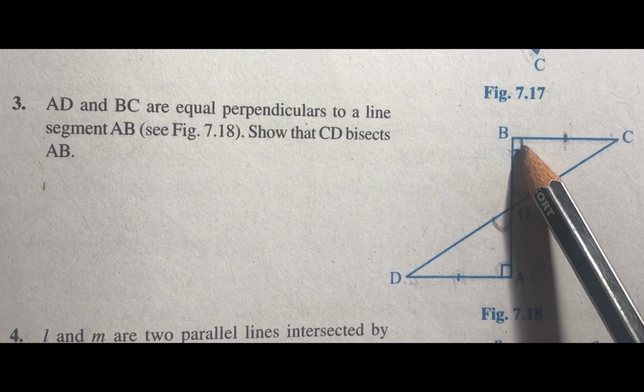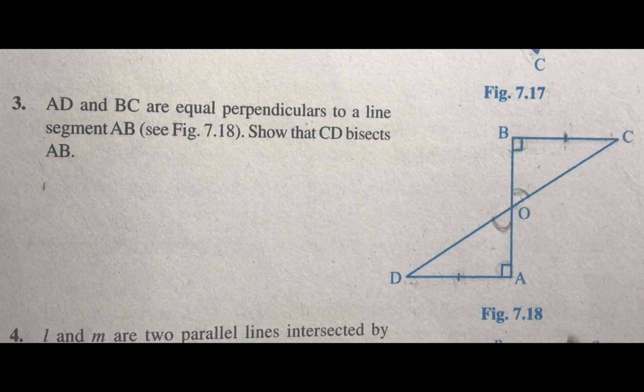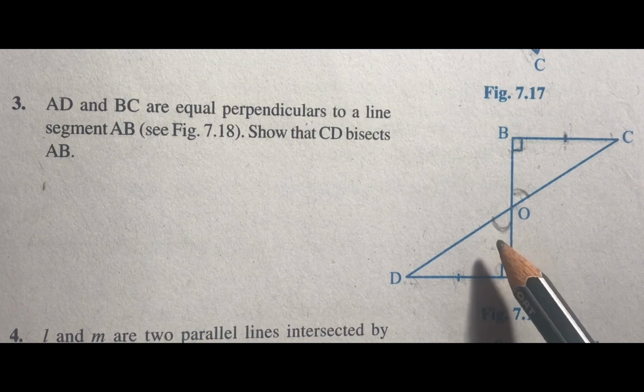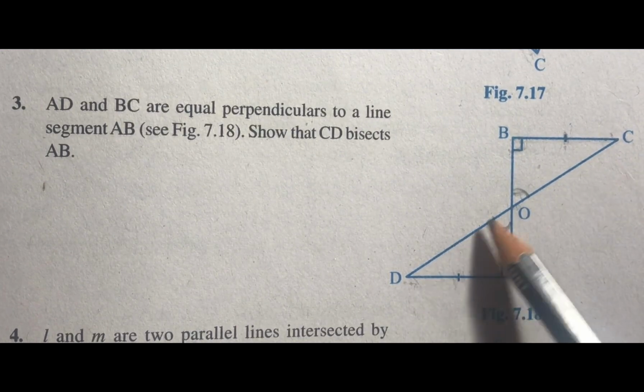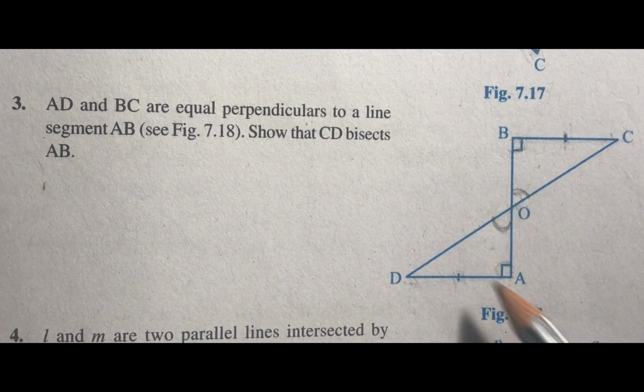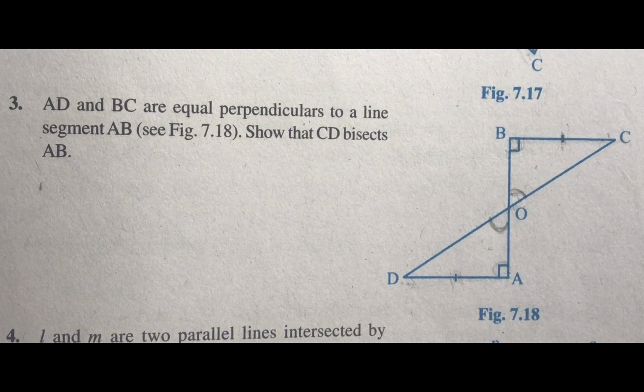So by AAS congruence rule, these two triangles are congruent. And in these congruent triangles, look at OD and OC. OD will be equal to OC, why? CPCT. So CD is bisected by AB.